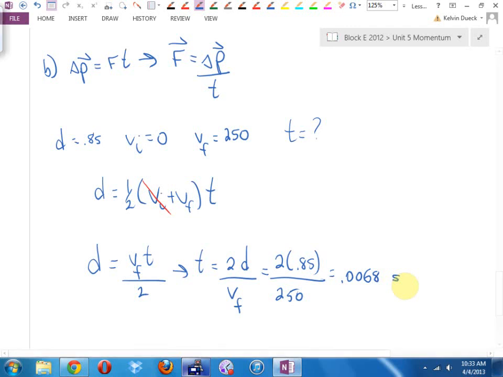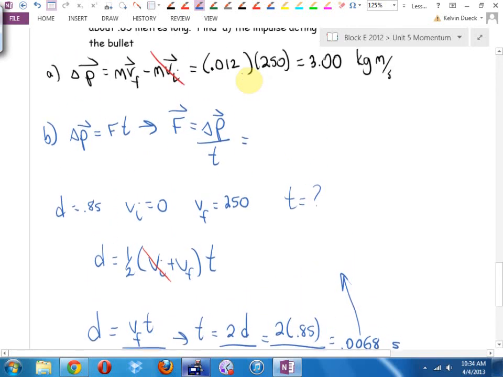Yeah, bullets travel down barrels of guns pretty fast. Like if I got an answer of 6.8, I'd be going, and even if I got an answer of 0.68, I'd be saying, you know what, half a second is about that long. I don't think it takes that long for a bullet to leave the barrel of a rifle. So this seems okay. Now, let's go plug it in at the very, very top.